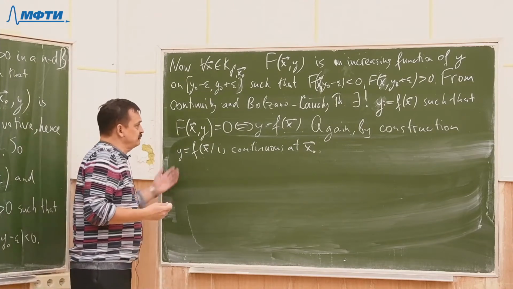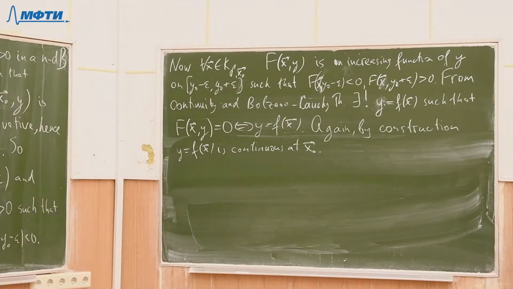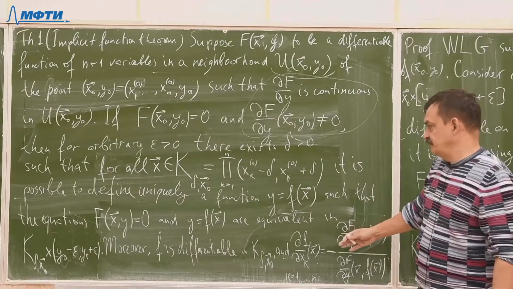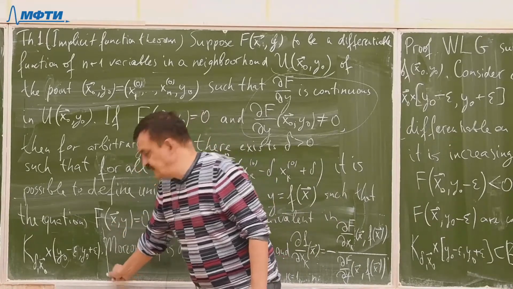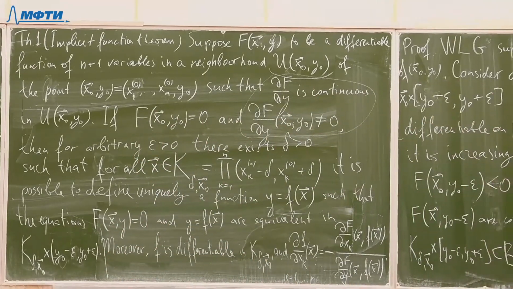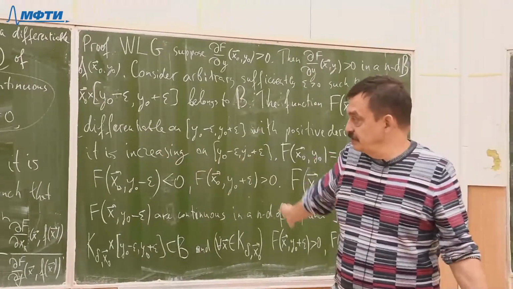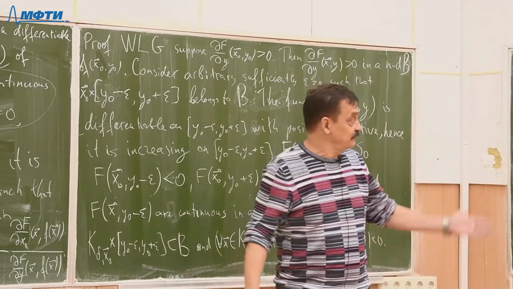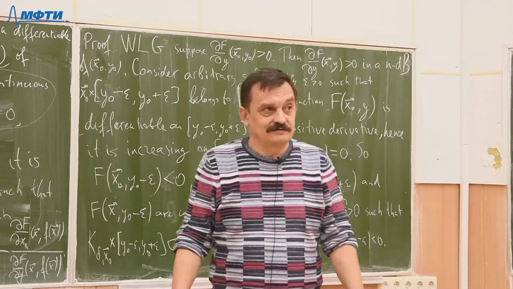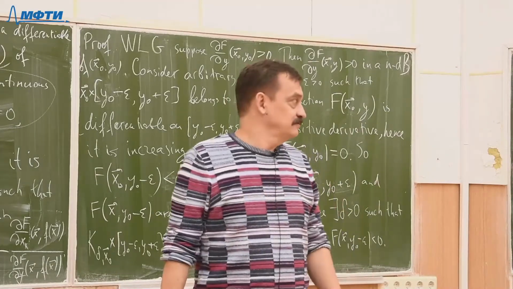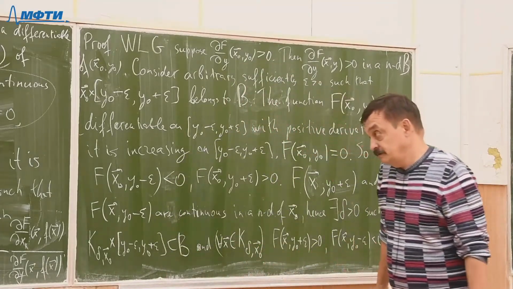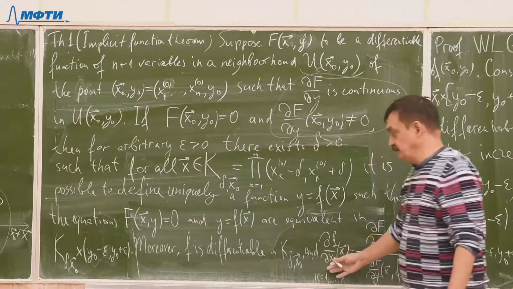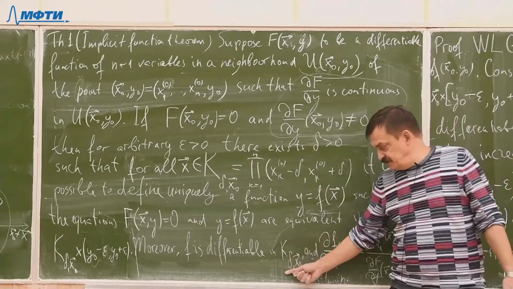By the same reason, to prove the last part of our assertion, we proved everything up to the very last. We constructed a uniquely defined function, not explicitly, of course, but explaining how to do it. Now, the last assertion is about differentiability in our neighborhood.